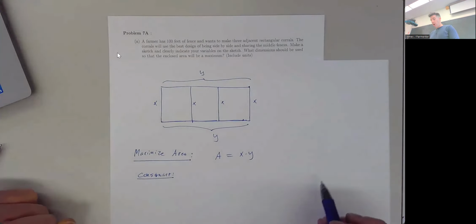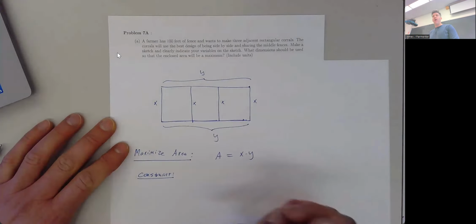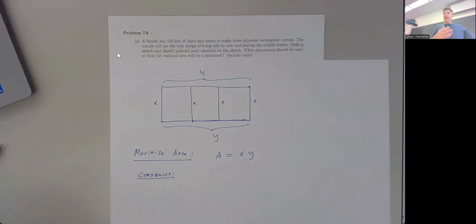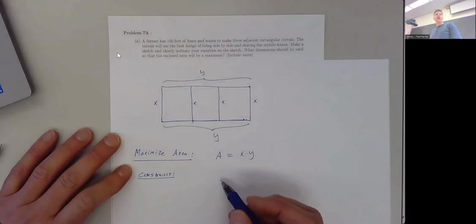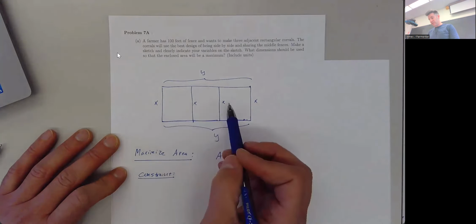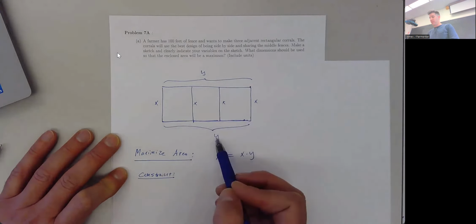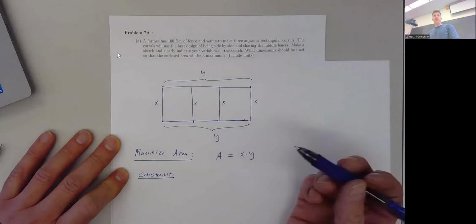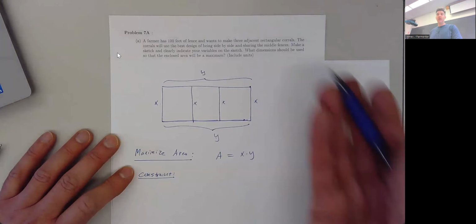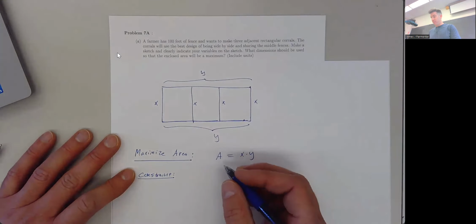Okay, so all of the places where we are building fence contribute to the fence we're going to build. That sounded like a dumb sentence, but I hope it made sense. Our x plus x plus x plus x plus y plus y is going to add up to 100, because that's how much fence we have to use, and we have to distribute it among those 6 sides of our pen.